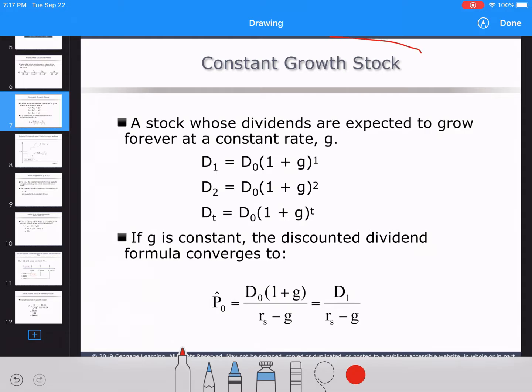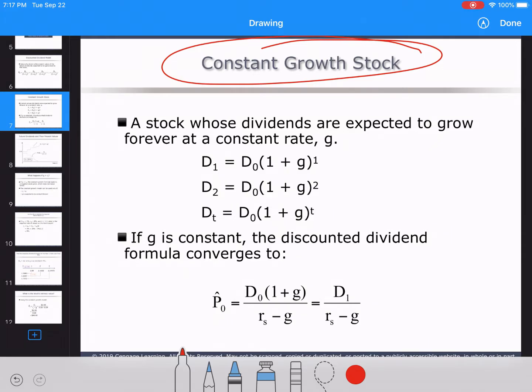If it is a constant growth model, then dividend 1 is going to grow at a constant rate of g. So the first one is D1 equals D sub 0 times (1 plus g) to the power 1. The second one is to the power 2, and so forth.